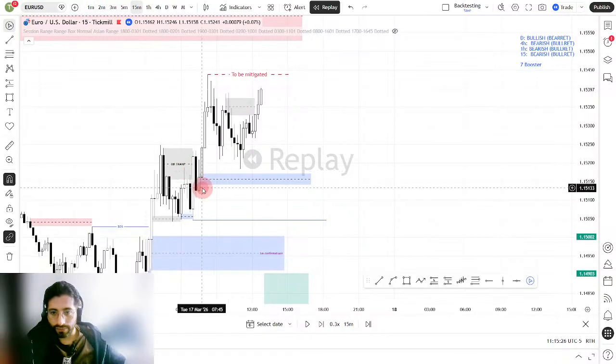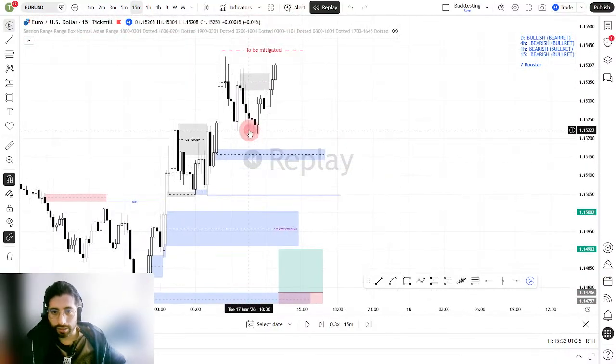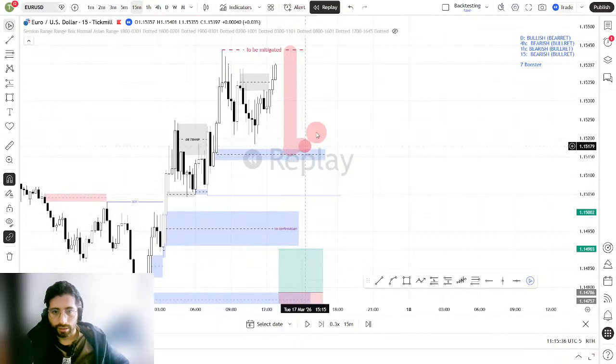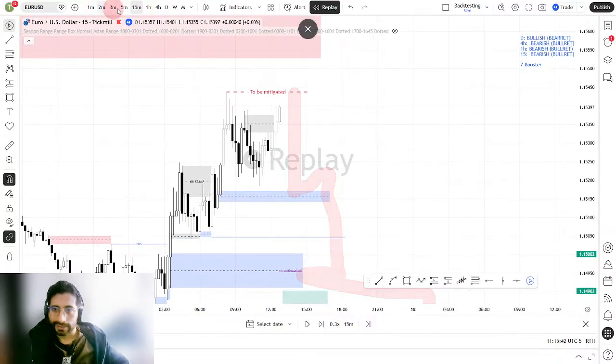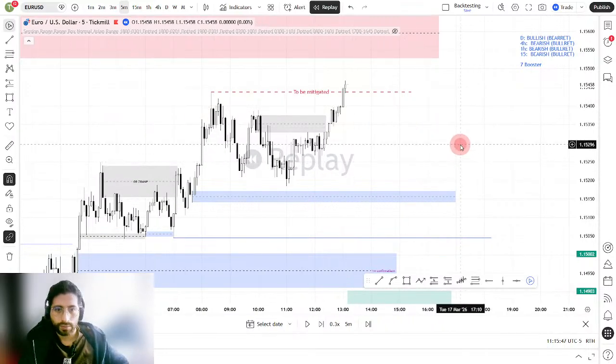Since this is also a 15 minutes time frame order block, here I would wait for a 1 minute confirmation as well as here. But honestly, guys, I think if the price pushes down, we'll have a reaction and it will go down, maybe to this order block or even to this one. Let's see what happens.